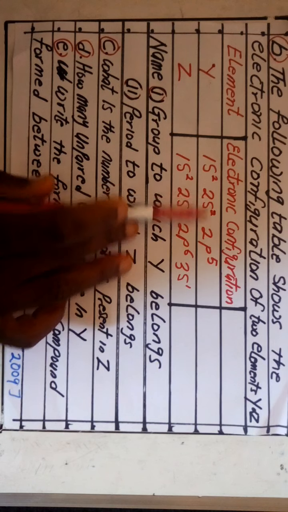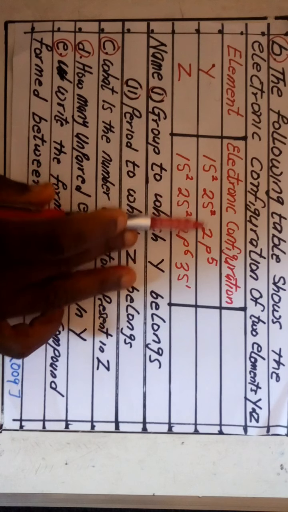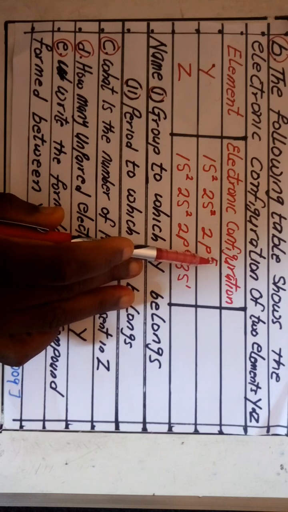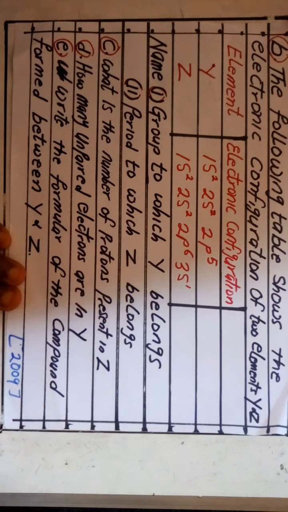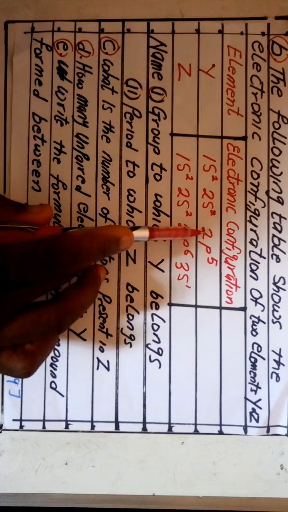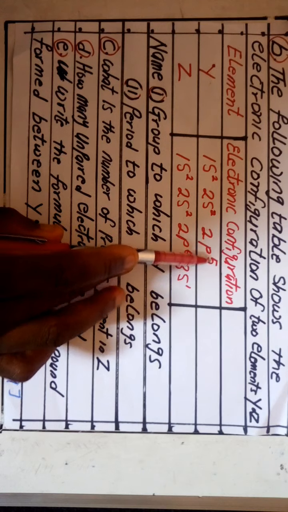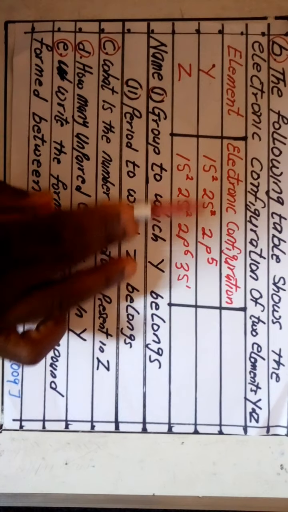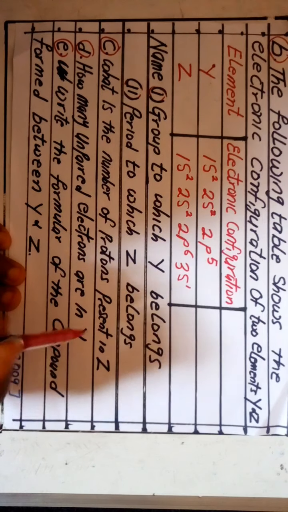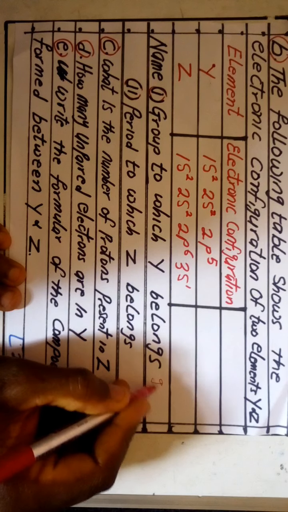This is the first shell, this is the second shell. So in this second shell, what you do is you add the numbers on top, 5 and this 2, to get the group number. Then if you are asked for the period, the first number here is the period. So the answer is group 7.